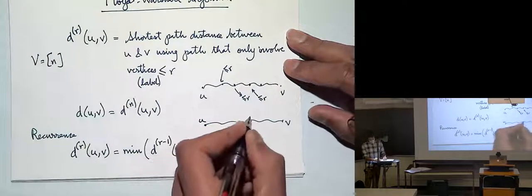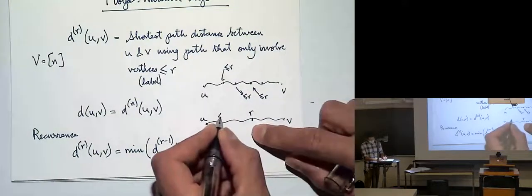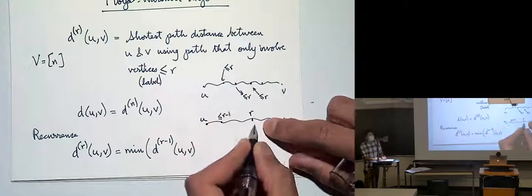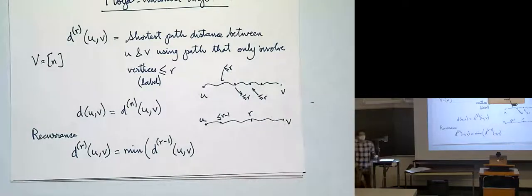So r is somewhere here. But then everything in between is at most r minus 1, because r is only used once. You're looking at all the paths where all vertices have a label of at most r. If r is on the path, then everything else is at most r minus 1, obviously.